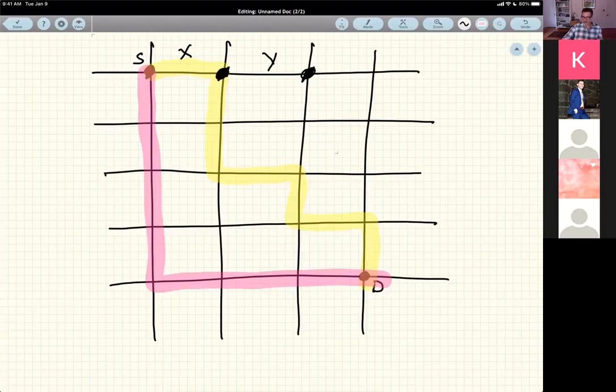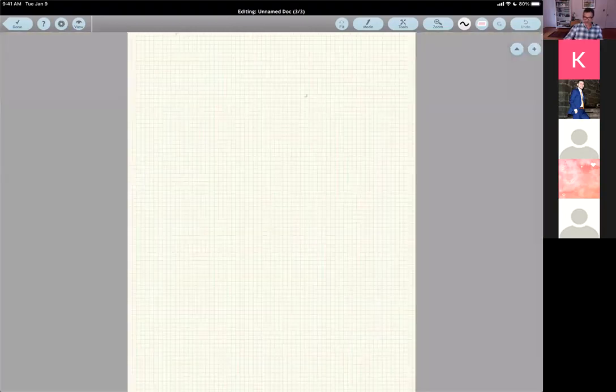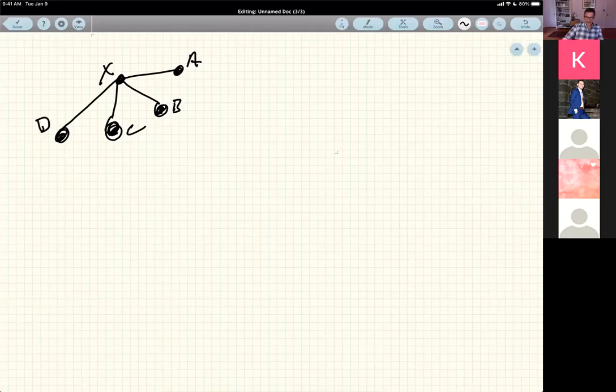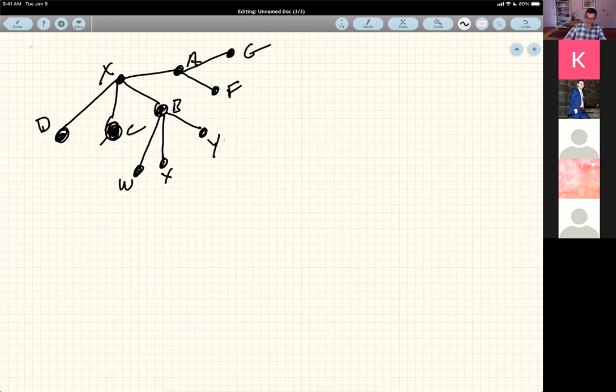If you have a person X who knows A, B, C, and D, so knows 4 people, and person B knows another 2 or 3 people, W, X, and Y, and person A knows 2 people, F and G, and person C knows 2 people.